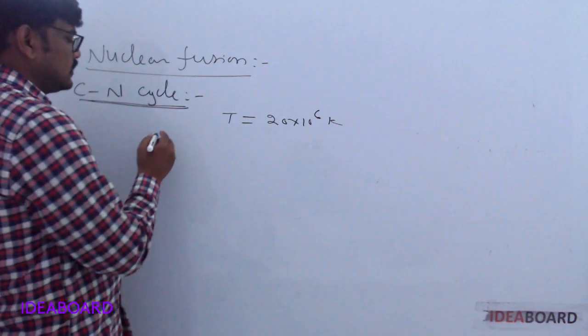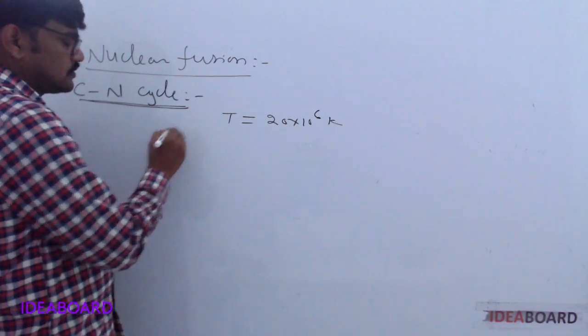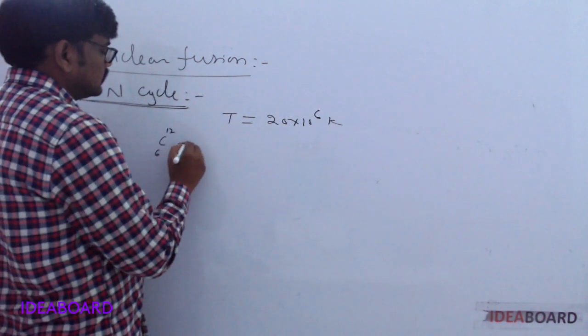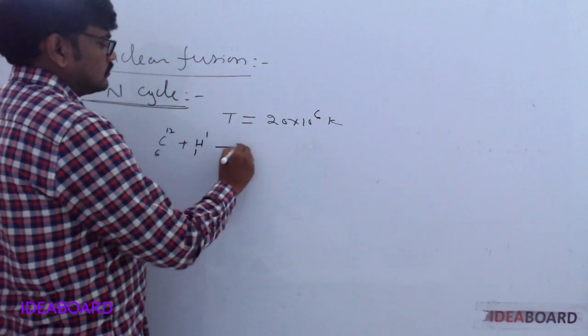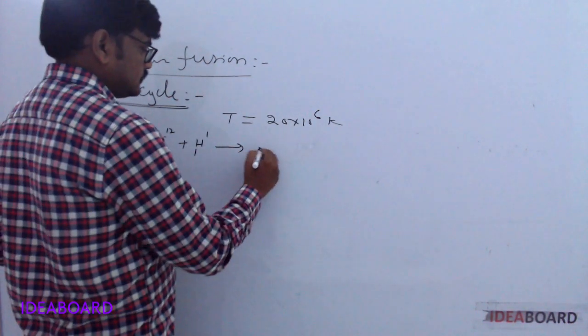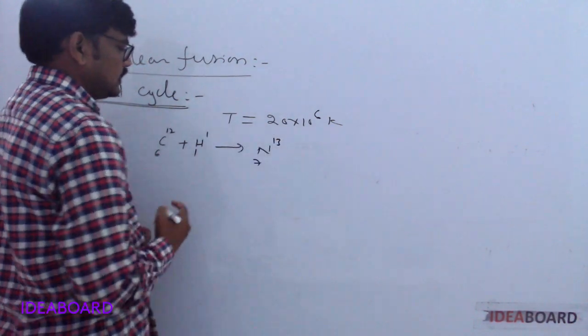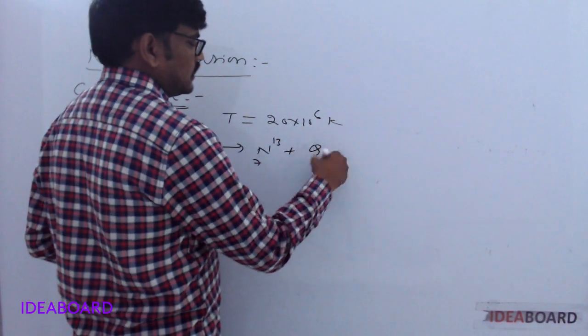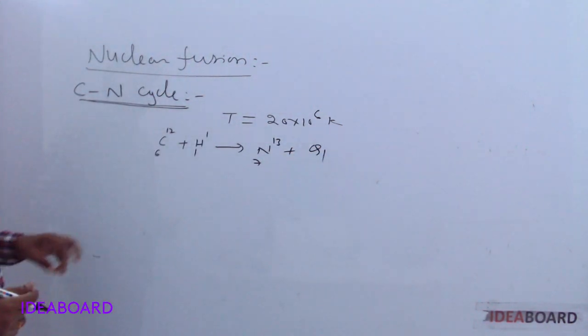Now in this cycle, carbon-12 combined with one proton gives nitrogen-13 and release of some energy, we say Q1.